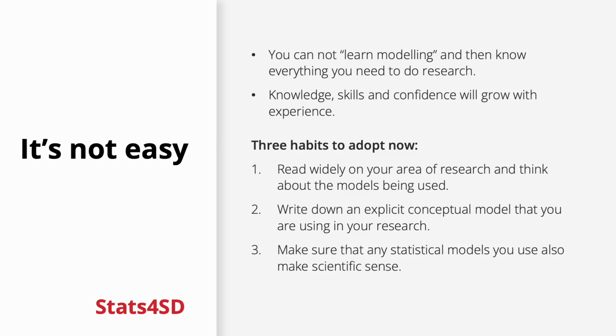When it's written down, it's easier to reflect on it, you can show it to others and get feedback, and you can update it. Thirdly, think carefully about the statistical models you're using as you analyze your data, and make sure that they make scientific sense. For example, they should be consistent with your conceptual model.